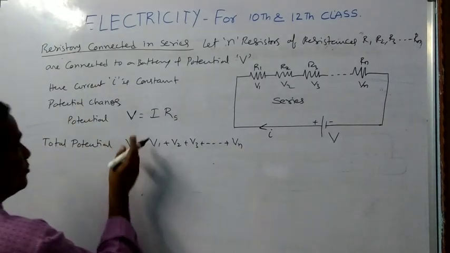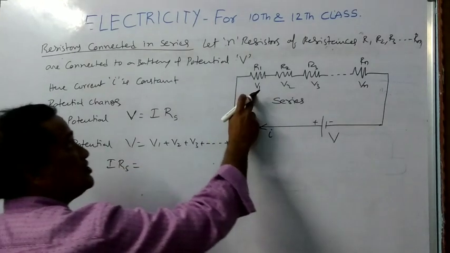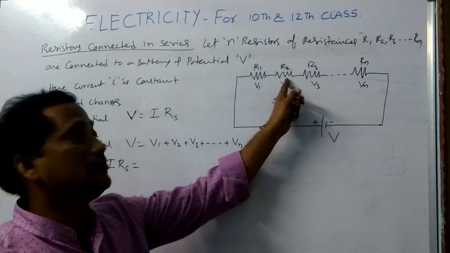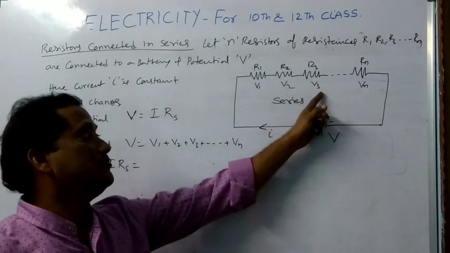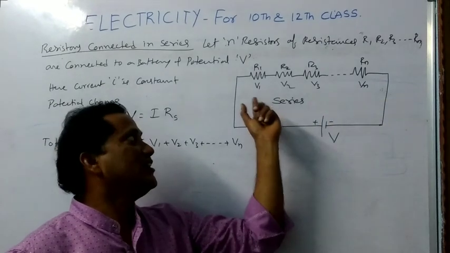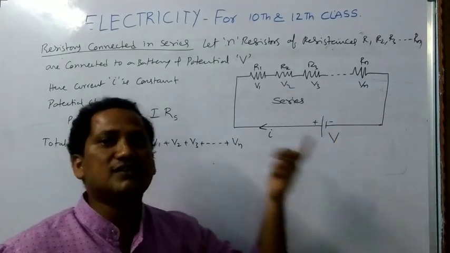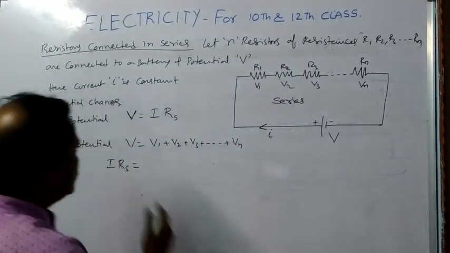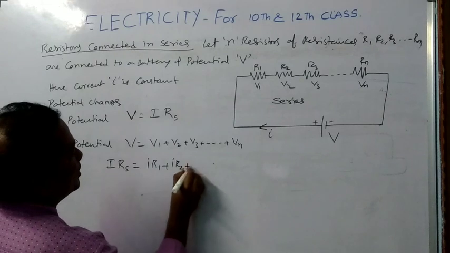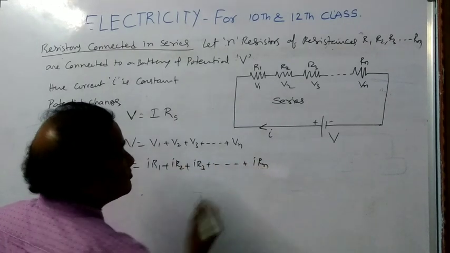As we know the formula, V is equal to I Rs. V1 is equal to IR1, V2 is equal to IR2, V3 is equal to IR3 and so on. Why? Because across every resistance the current is the same. That is constant, that is I. You can substitute here IR1 plus IR2 plus IR3 plus and so on plus IRn.